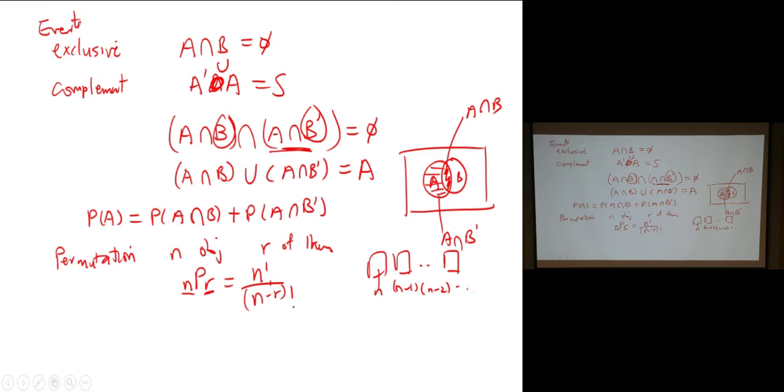But if the order is not important, then we call it combinations. So we choose R objects out of n objects. In that case, it is C(n,R), which is n factorial over n minus R factorial times R factorial.